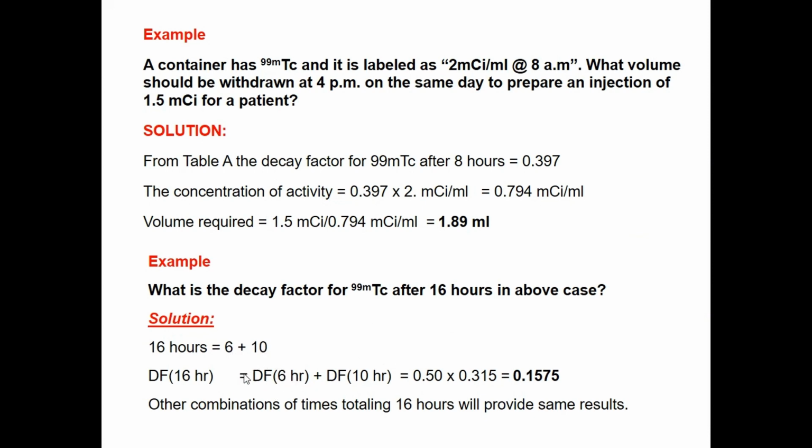The decay factor for 6 hours and the decay factor for 10 hours, these two decay factors will be multiplied, because e to the power minus lambda t1 multiplied by e to the power minus lambda t2 will produce the result, and this is the answer. Remember that these two factors are multiplied, not added. Other combinations of the time will provide the same result.